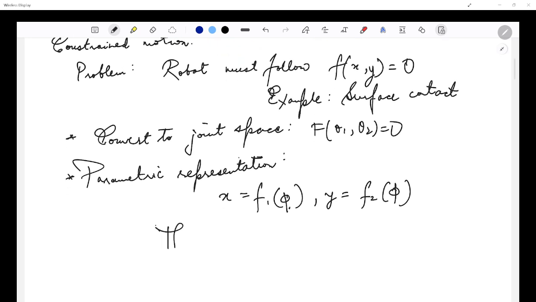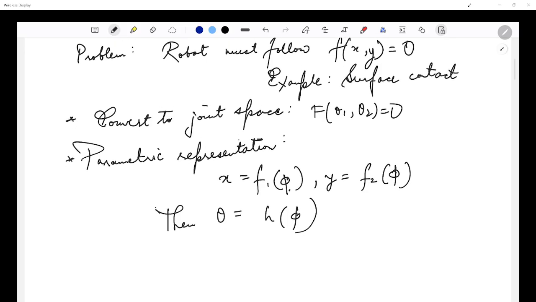Then theta can be written as h of phi. Now if we talk about the velocity, I'm not deriving it completely, but theta dot is equal to ∂h/∂phi into phi dot.